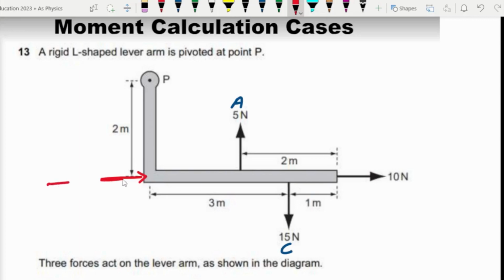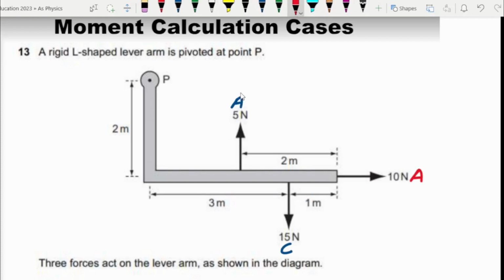Because the line of action of force is the same, if you apply a force on this side, this object would move in this way, which is anti-clockwise. इसके साथ भी A लिख देंगे. So we add all the clockwise moments on one side and all the anti-clockwise moments on the other side.